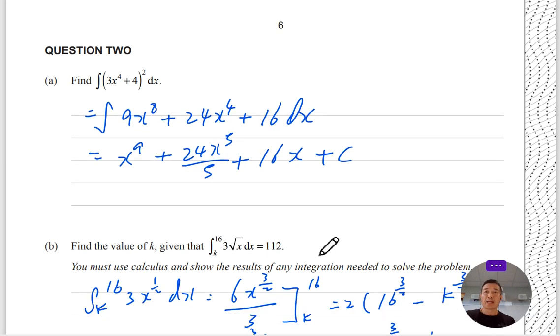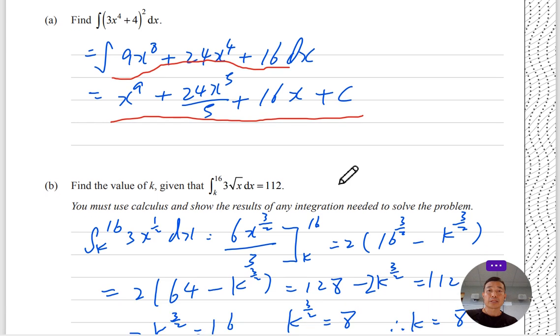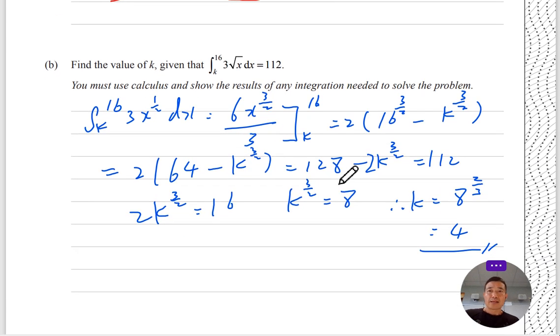All right, question 2. Find the integral of 3x to the power of 4 plus 4 squared. So this is the time you need to expand, right? So you expand it first and then integrate it. So you have to say plus c. Right, find the value of k given that.